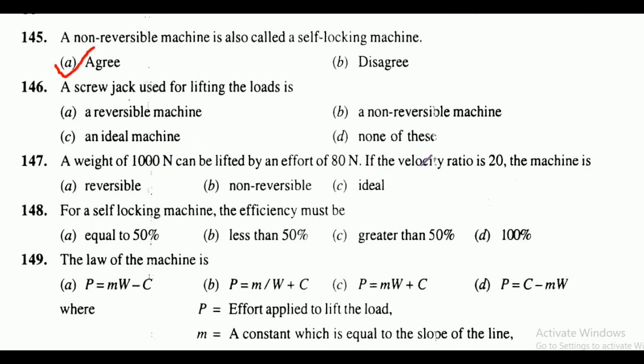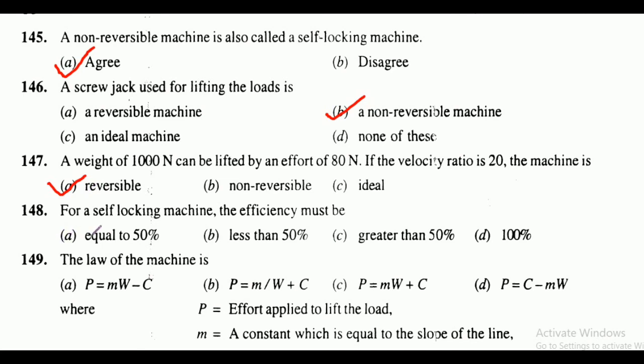Here correct answer is option B, that is a non-reversible machine. Next is, a weight of 1000 Newton can be lifted by an effort of 80 Newton if the velocity ratio is 20. The machine is reversible, non-reversible, or ideal. So here correct answer is option A, that is it is reversible.